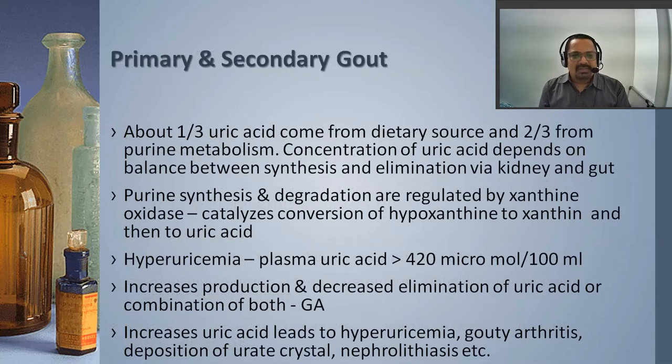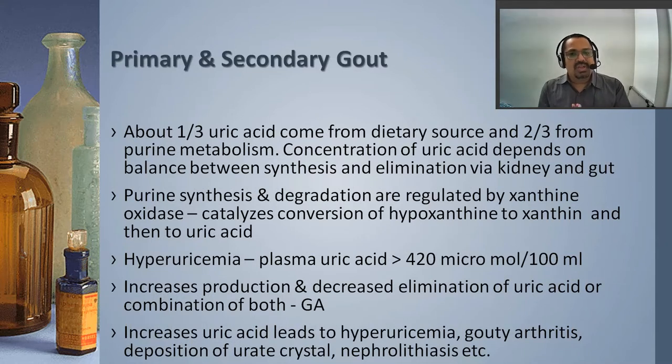As far as the types are concerned, there are two types of gouty arthritis: primary and secondary. How can they be differentiated? There is an imbalance between the urinary elimination of uric acid and the formation of uric acid inside our body.